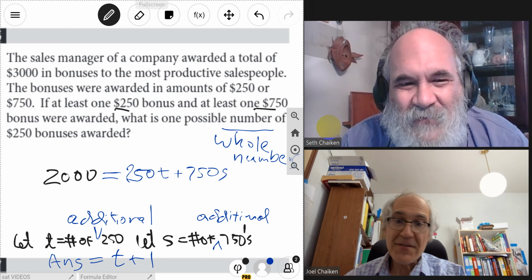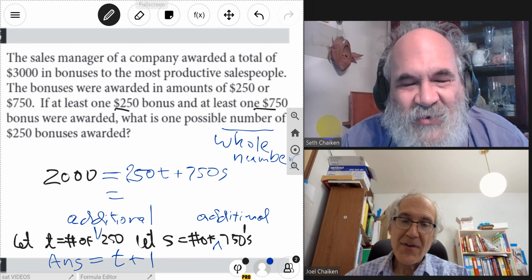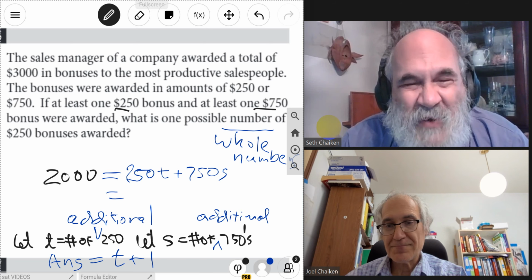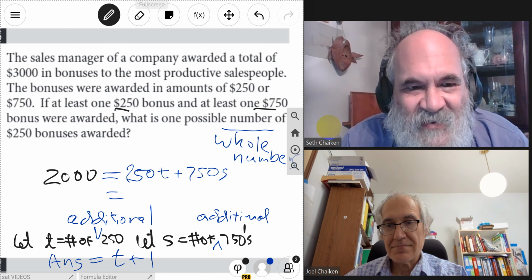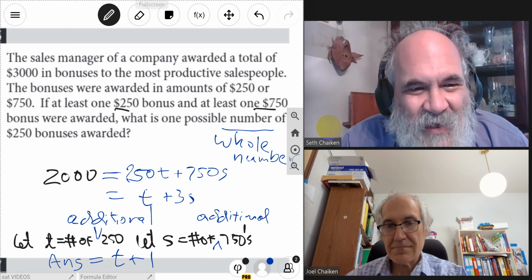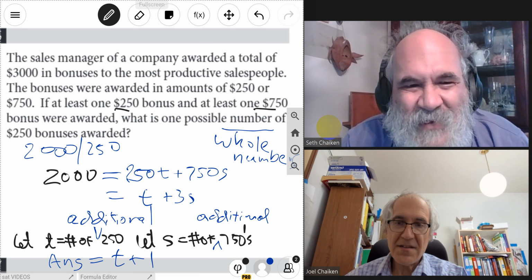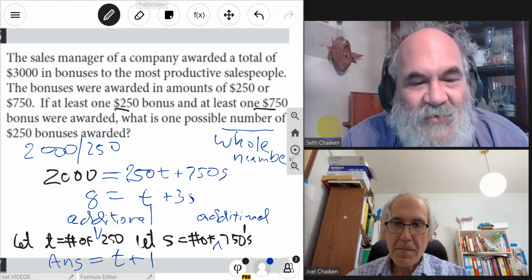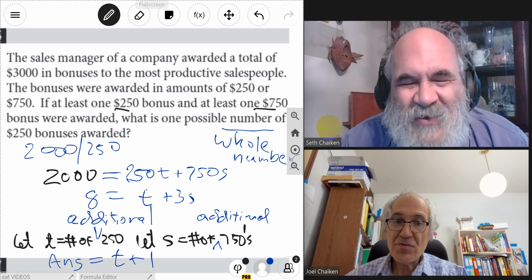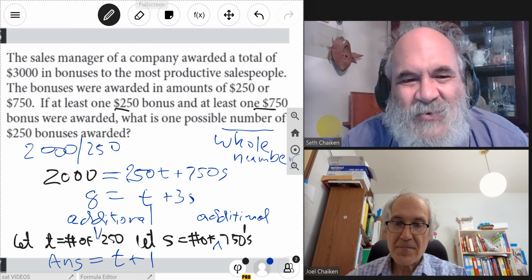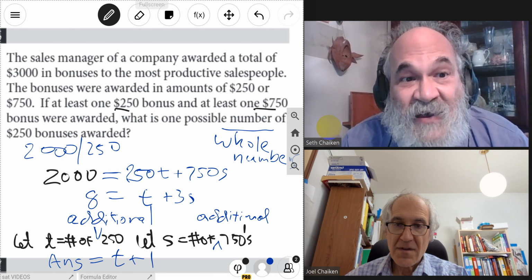So let's do it. 250T divided by 250 is T, and we get T plus 3S, and 2,000 divided by 250 is 8. So this is a lot easier. Figure out a value of T and a value of S, such that if you add T with 3 times S, you get 8.